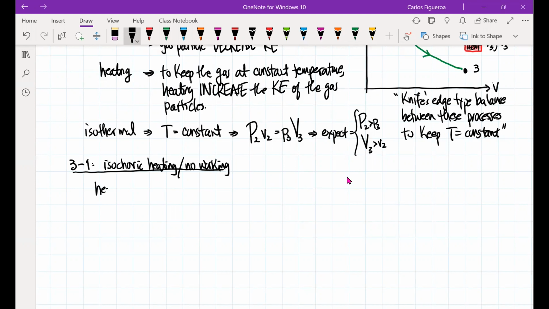So if I look at my heating, what happens with my heating? Well, in order to increase the pressure, the gas particles have to be moving faster.